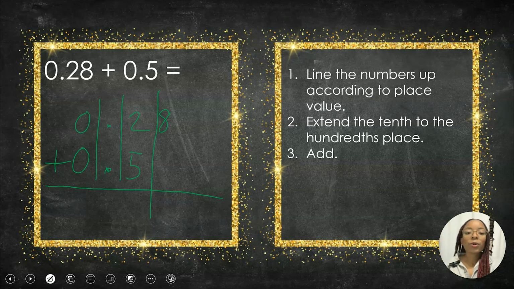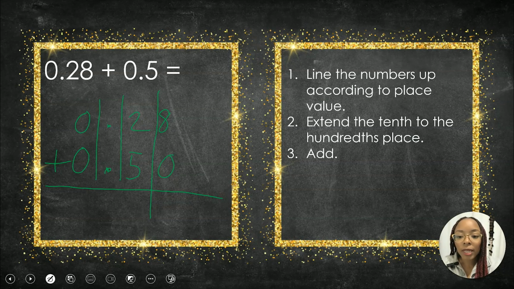All right, so our second step is to extend the tenths place to the hundredths place. In order to do that, we kind of have to think just a little bit. We have nothing here, and the value of nothing is 0. So now we have 28 hundredths plus 50 hundredths, or 0.28 plus 0.50.